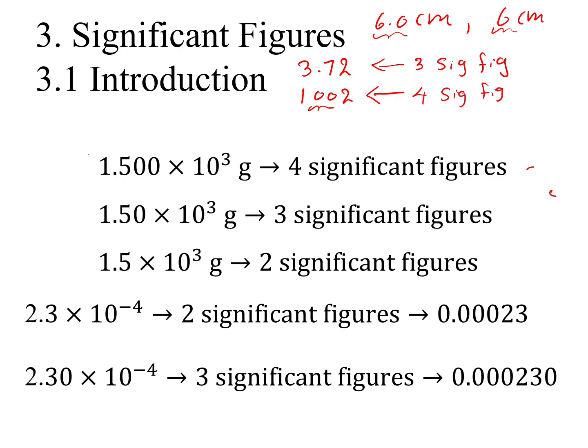The third rule is leading zeros are not significant. So if you have a number like 0.00450, here these zeros are not significant, so here we have three significant figures.